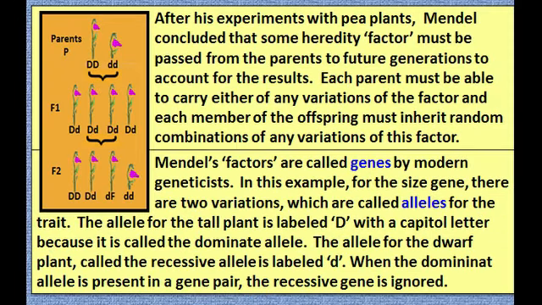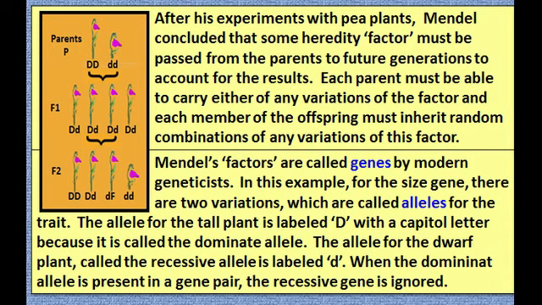After his experiments with pea plants, Mendel concluded that some heredity factor must be passed from the parents to future generations to account for the results. Each parent must be able to carry either of any variations of the factor, and each member of the offspring must inherit random combinations of any variation of this factor.